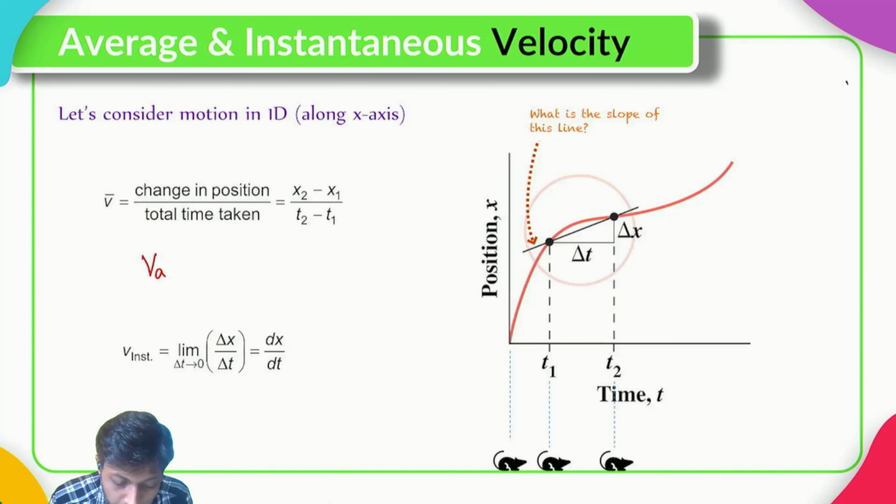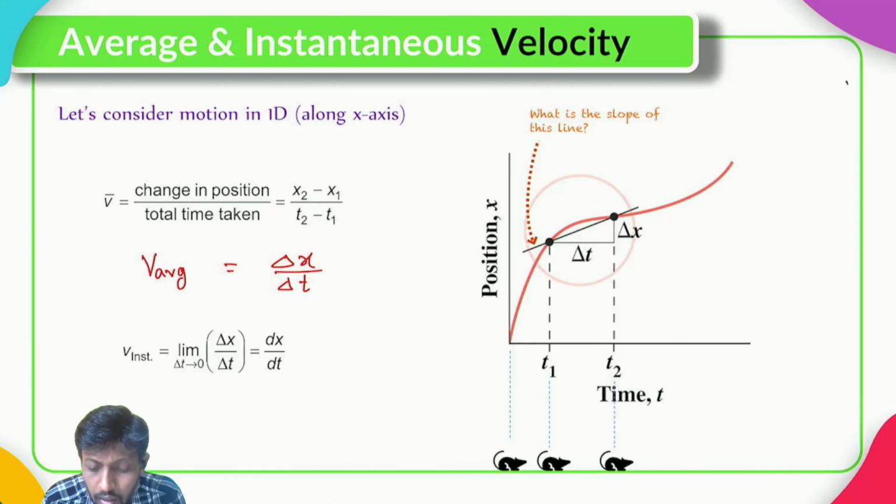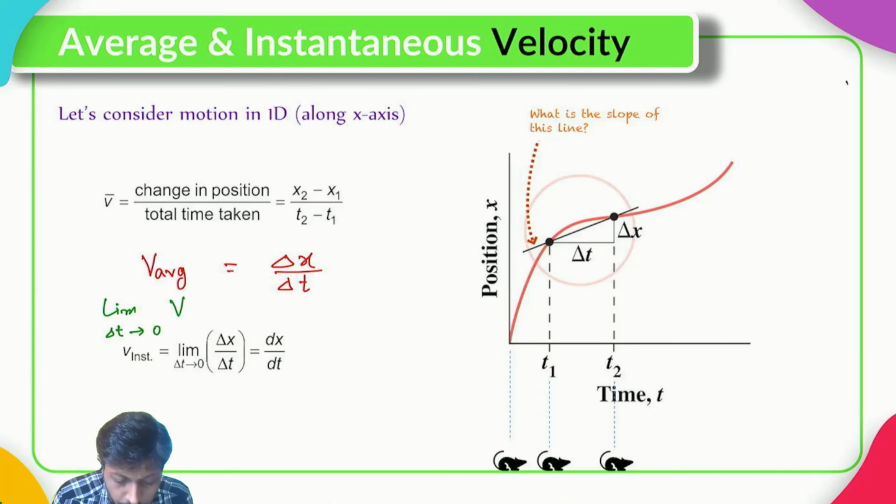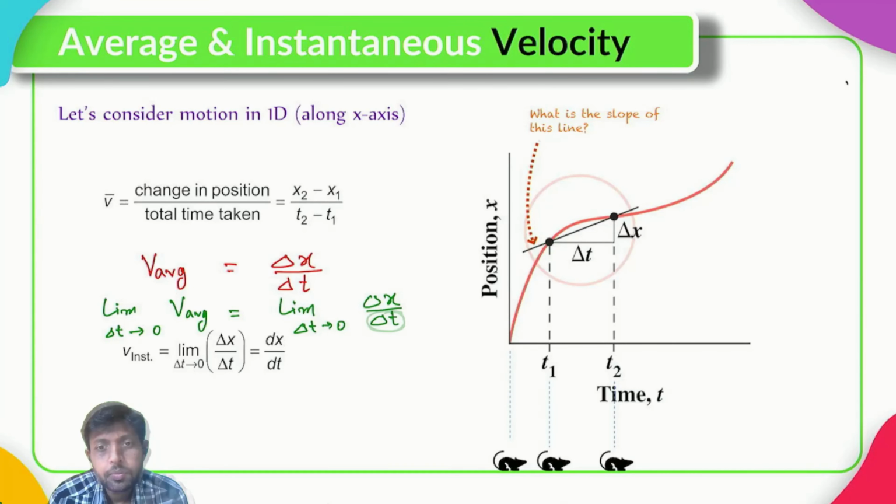So we know that V average is given by delta x by delta t. If you put limit on both sides, limit such that delta t tends to 0, you get limit delta t tending to 0, delta x upon delta t. So when delta t becomes very, very small, delta x is also very, very small.